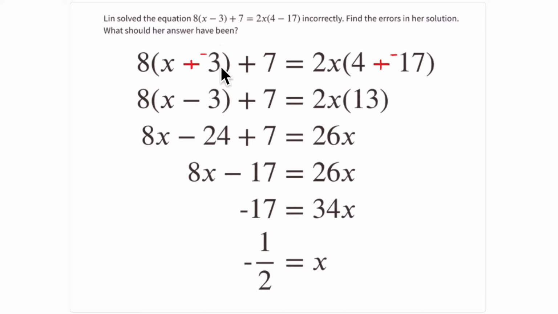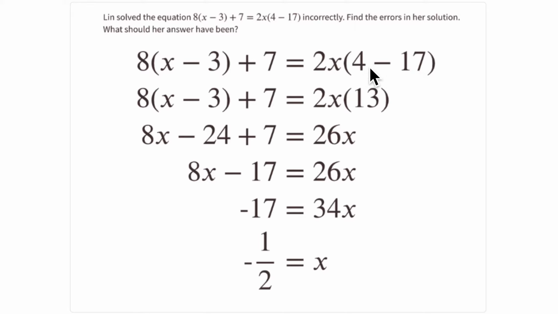I'm going to change the subtracting a positive 3 to adding negative 3 here, and subtracting positive 17 to adding a negative 17 here. She makes a mistake in the very first step.